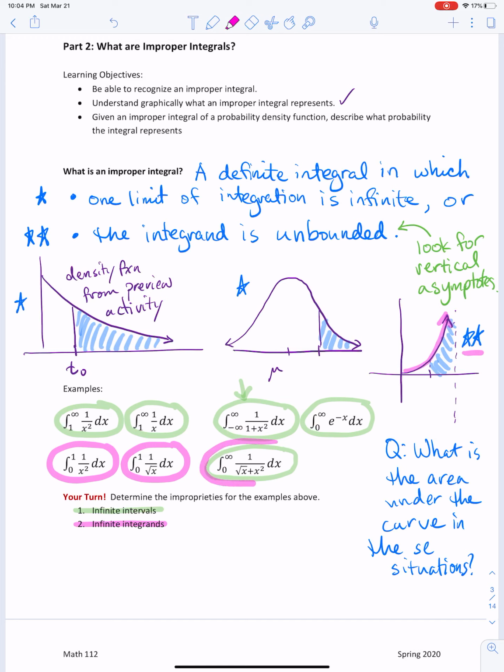That's basically the entire bottom row here of examples. And you can see that in each of these, the denominator of the integrand is 0 at x equals 0. And so in these cases, there's a vertical asymptote at 0, and hence those are classified as improper.